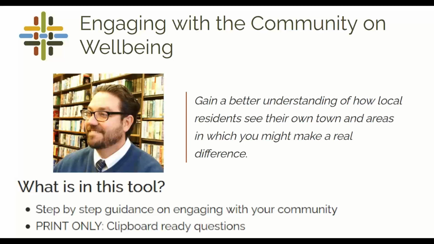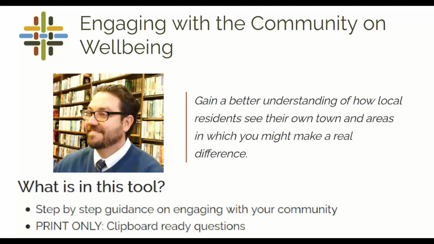But what would a community engagement tool look like if it's about social well-being? If what you're trying to get is a deeper understanding of how your community operates and how people think about their community so that you know which levers to pull, so to speak.